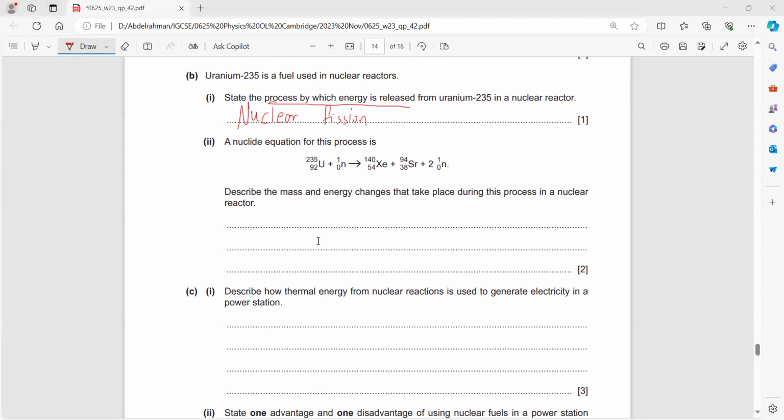Any description could be right. We want to describe what is nuclear fission. What happens in nuclear fission?